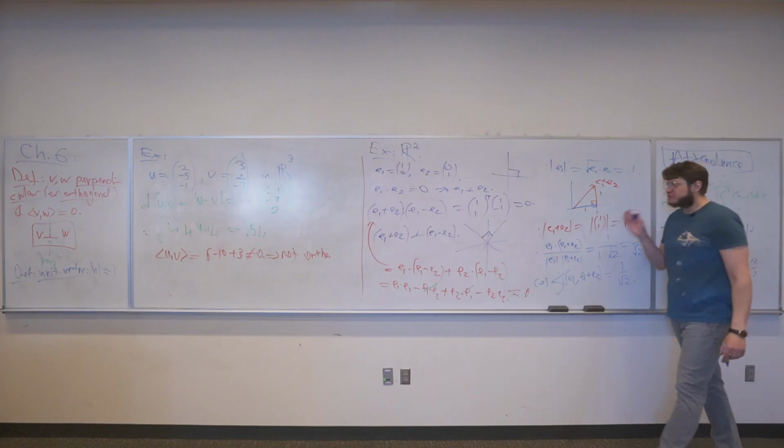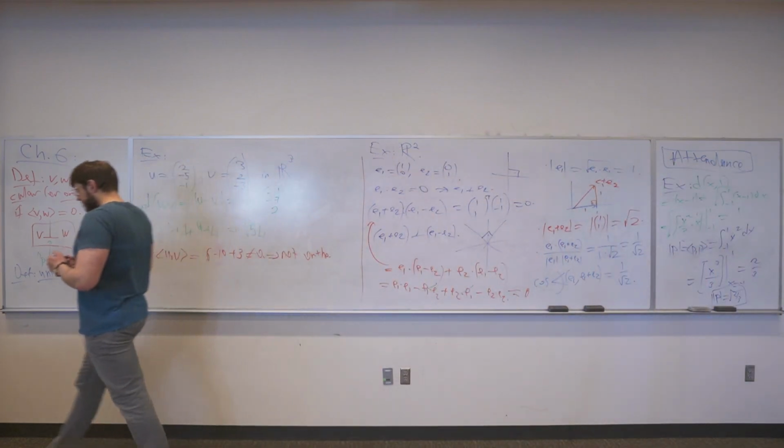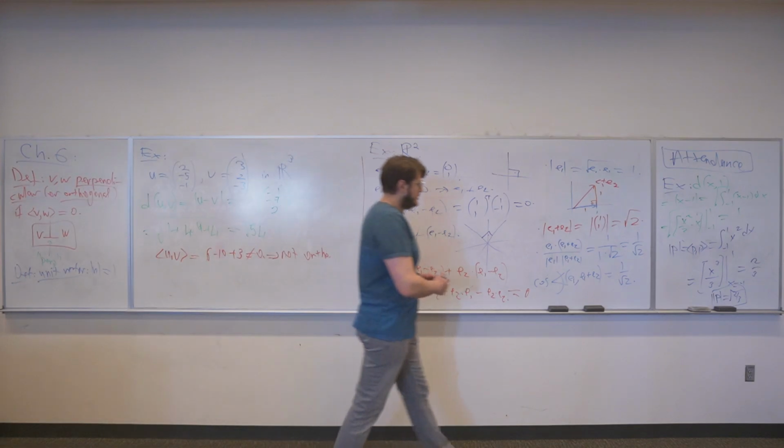So whatever this inner product business is, and angles and distances and all that stuff, it just matches with your intuition. Okay. Let's do one more example. What is the distance between E1 and E2? I'll do it here.